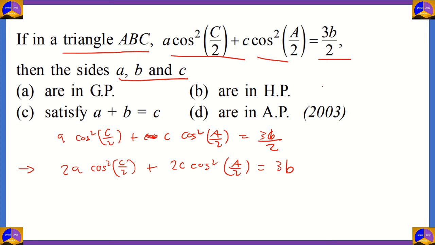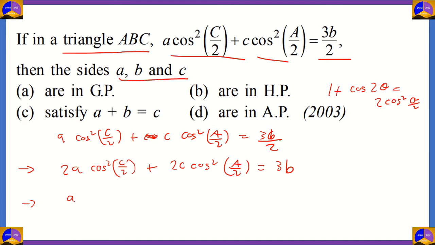Now what do we do? We use the trigonometric expression 1 + cos 2θ as 2 cos² θ. So since we have the left hand side as 2 cos² of the angle divided by 2, we can convert that as 1 plus cos of the angle.